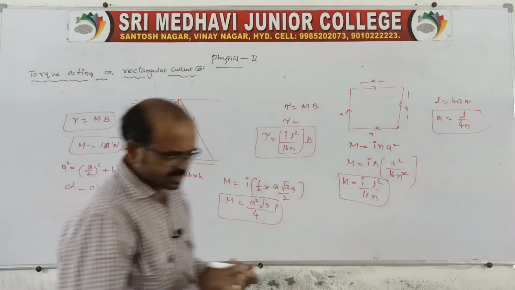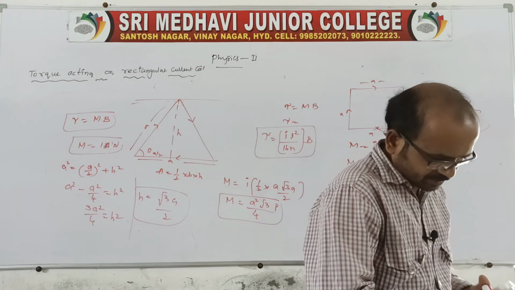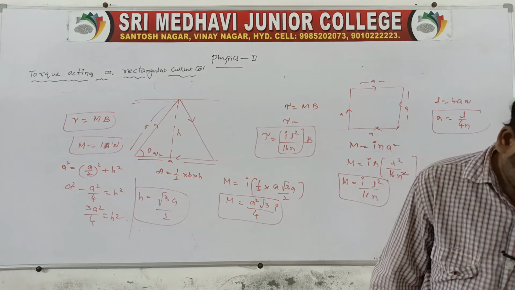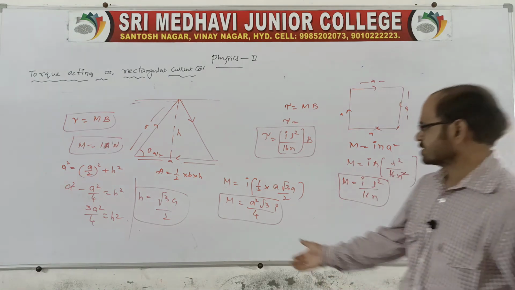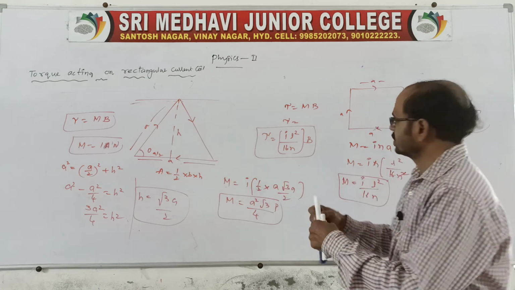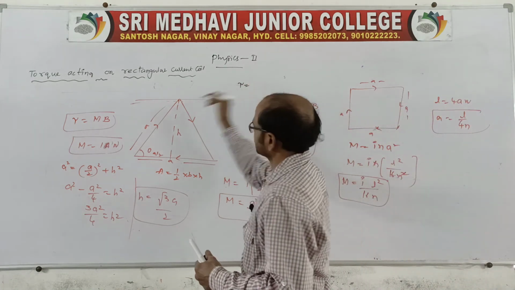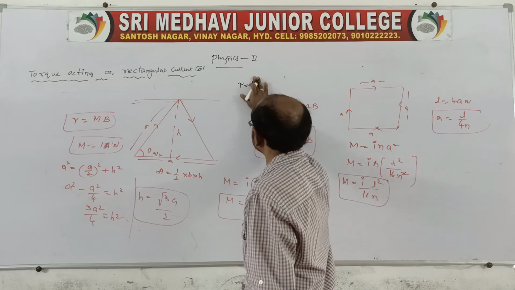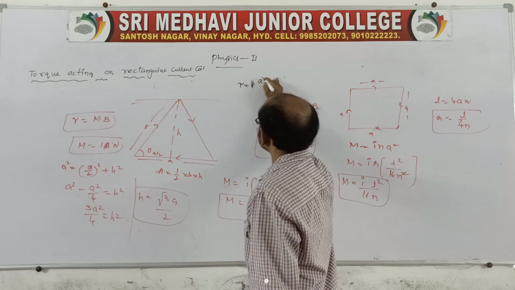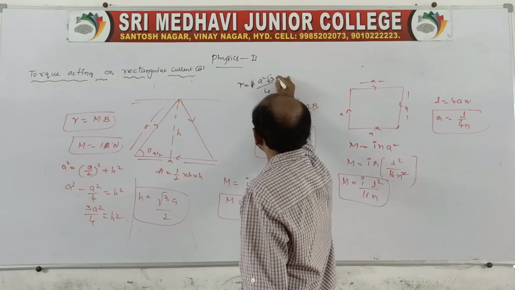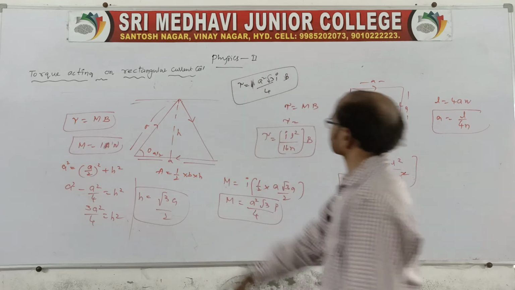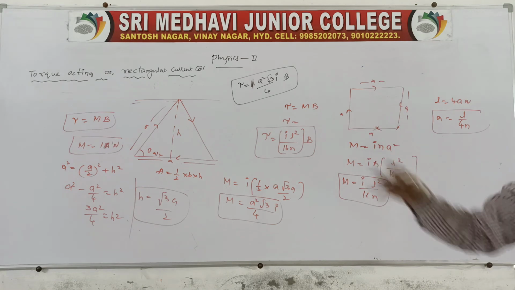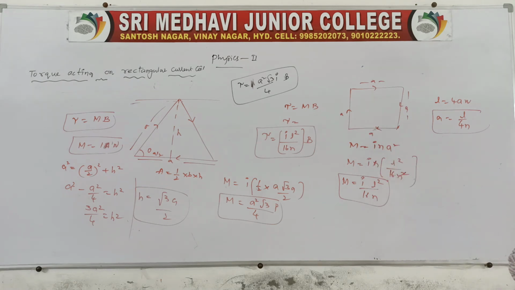Torque is equal to capital M we know, that is A square root 3 by 4 I into B. This is the final answer for a triangular coil suspended in the uniform magnetic field.